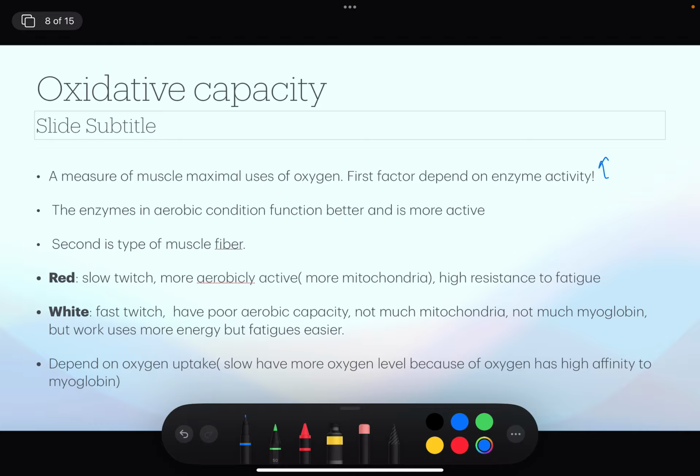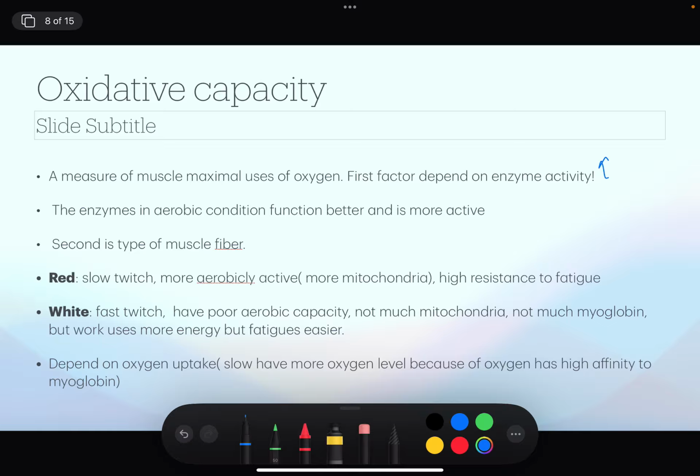But the other type of muscle tissue is fast twitch, and these have poor aerobic capacity and don't have so much mitochondria or so much myoglobin, but when it works, it uses more energy for us. So it provides more energy, but it also fatigues more easily.